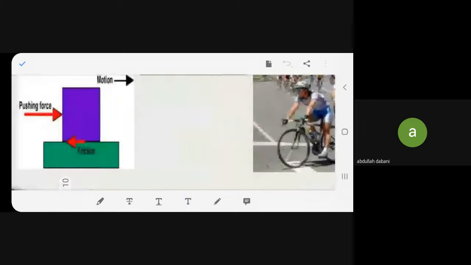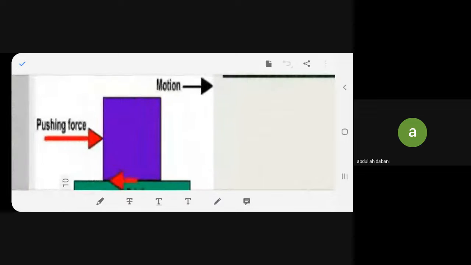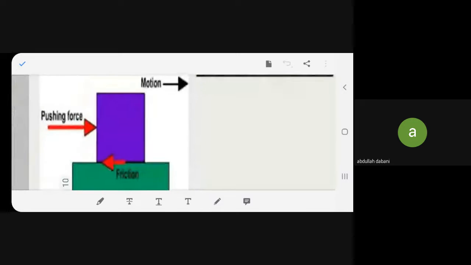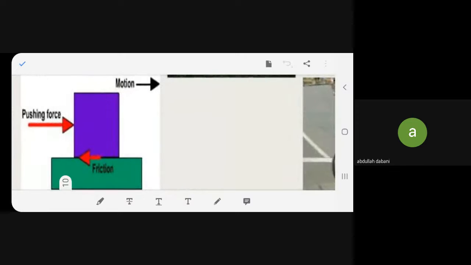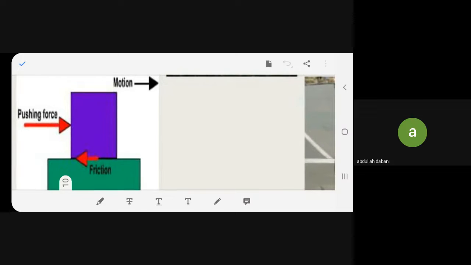Now look over here. I will not explain anything. Please explain, beta.